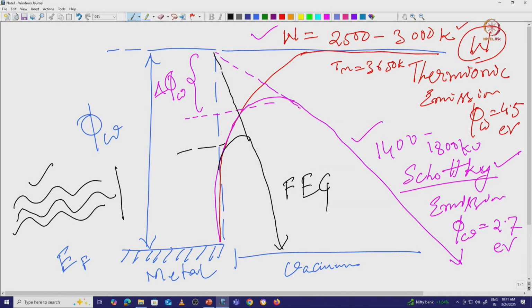That is why, to get a very coherent electron beam, the Schottky filament or field emission gun is a better choice than the tungsten filament, because whenever there is heat energy, the filament tip expands, and that affects the coherence of the electron beam.